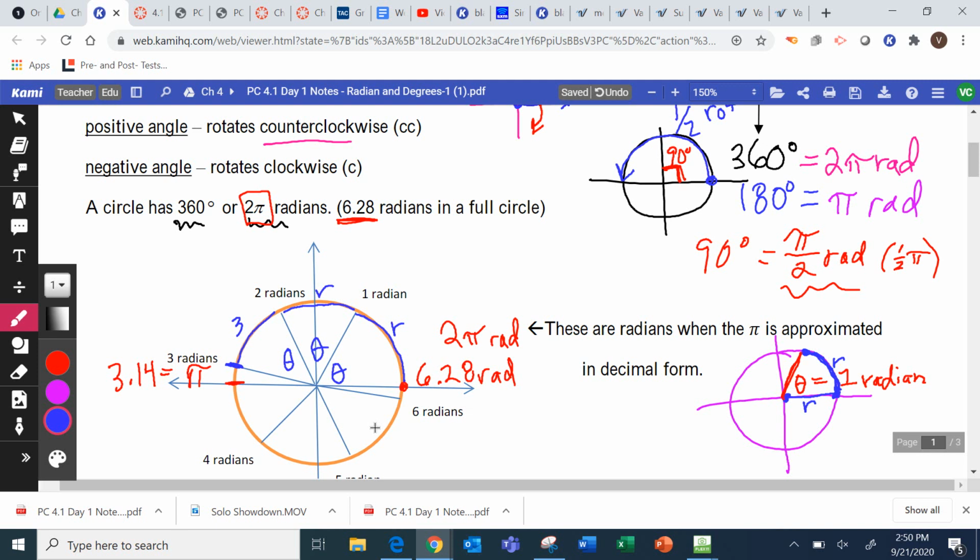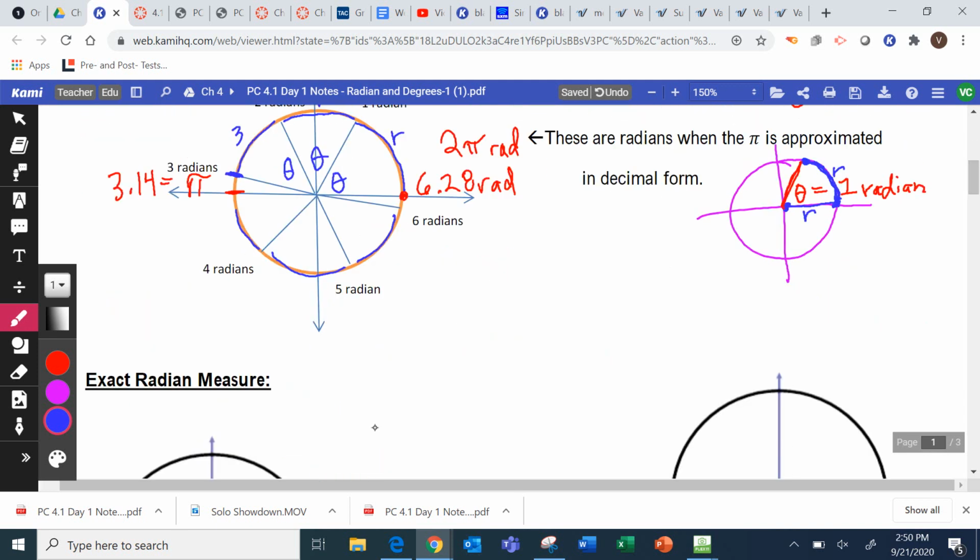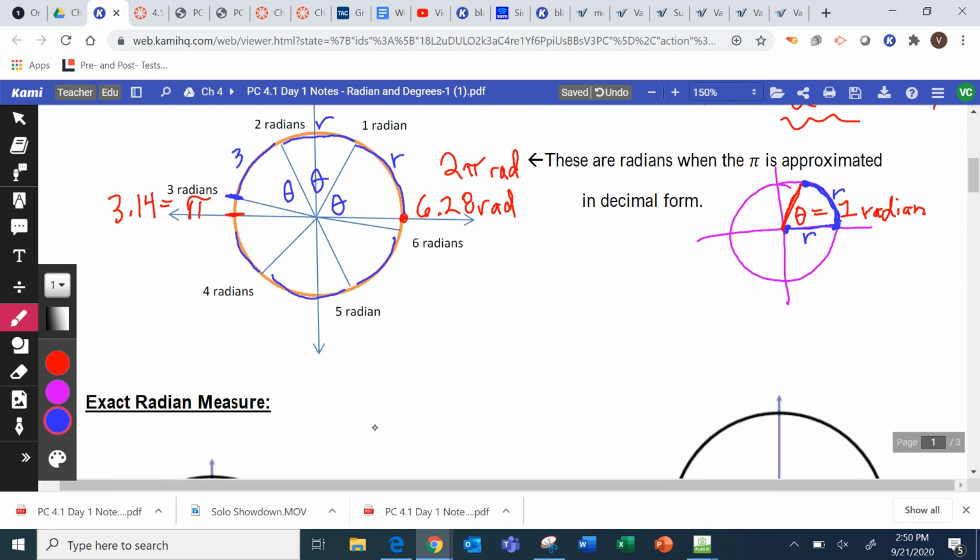And then we can add on another radian, and there'll be 4 radians, and then 5 radians, and then 6 radians, and then the extra little bit would be about 0.28 of a radian to make the full 2 pi around the circle.